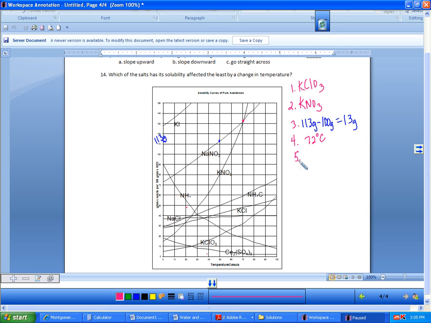Okay, number 5 said, what two salts have the same degree of solubility at approximately 19 degrees Celsius? Well, here's 20. So I'm going to look where two lines cross each other. And I found that the two lines crossed each other were NaCl and NH4Cl.